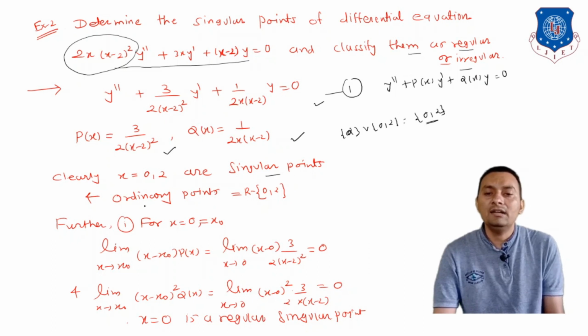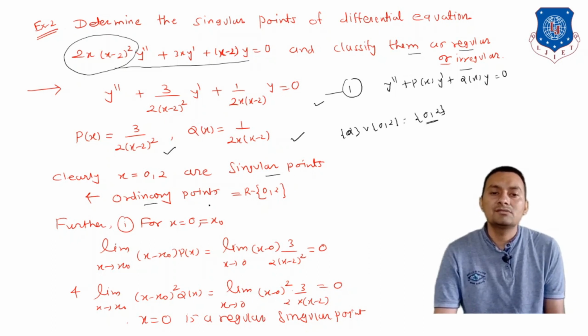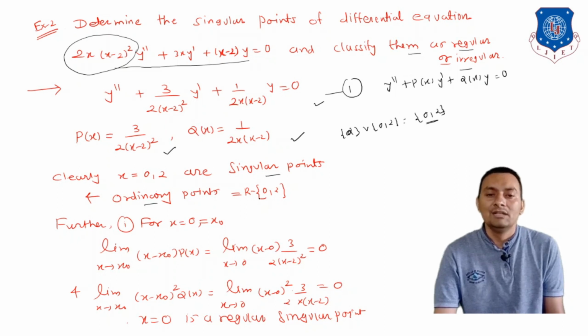And now we are talking about the ordinary points. We have obtained that 0 and 2 are the singular points, but except these 2 points, all the points will be ordinary points, because the limit will be finite at all points except 0 and 2. So therefore R minus the set {0, 2} will be the ordinary points.